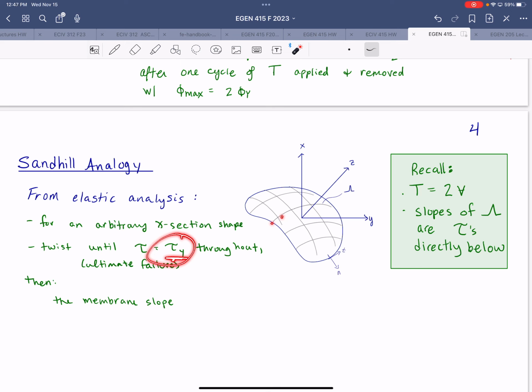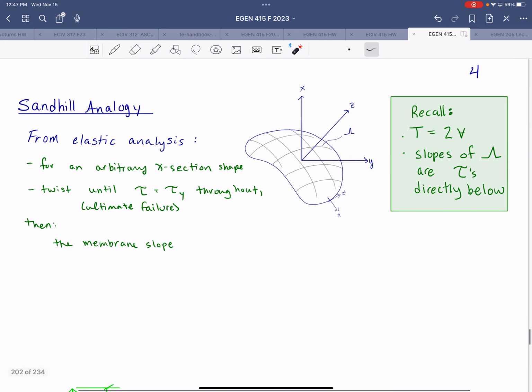So that reduces to basically a pyramid shape with a base that is consistent with your arbitrary cross-section. And so say the membrane slope is equal to tau y at all locations, including the outer edge.